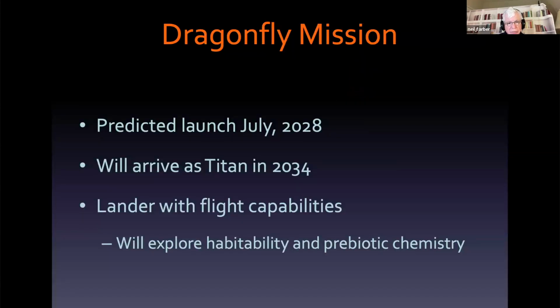And so the Dragonfly mission is predicted to launch in July of 2028. It'll arrive in Titan in 2034. It's a lander that has flight capabilities. And so it will explore both habitability as well as prebiotic chemistry using spectroscopy. Next slide.